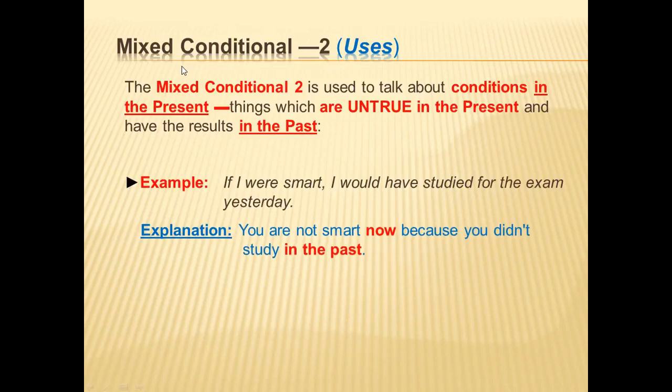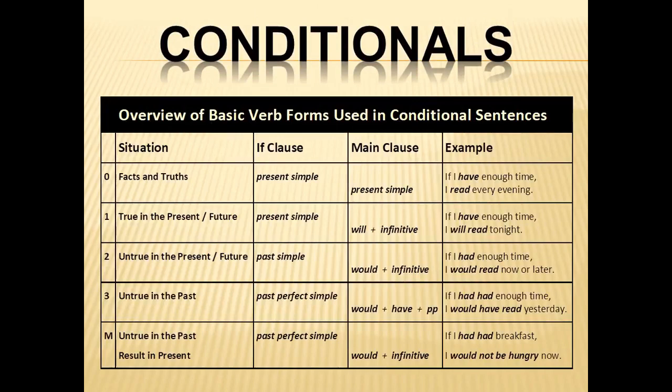The explanation: you are not smart now because you didn't study in the past. And this is the total of the zero conditional, first conditional, second conditional, third conditional, and mixed conditional, and the formulas of them.